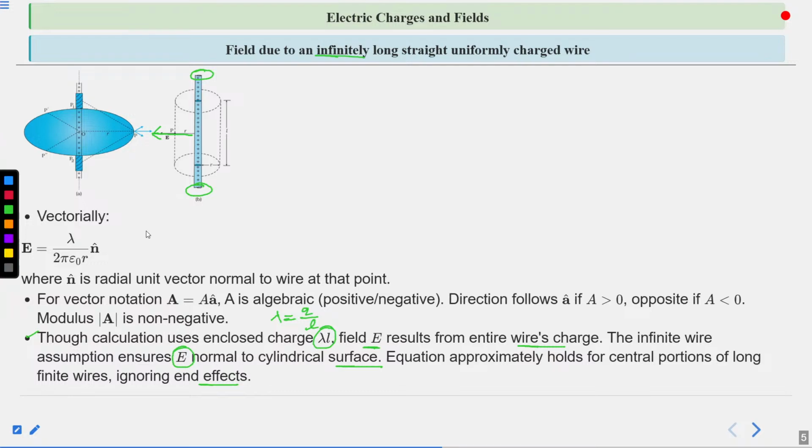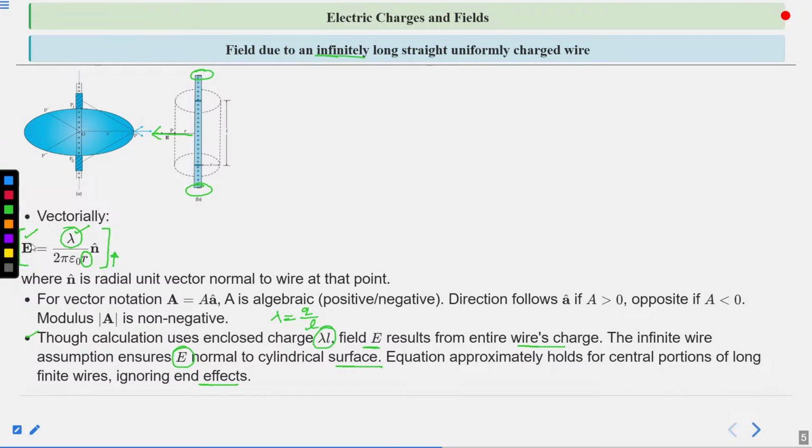Now, here is one question for you. Suppose the value of lambda is fixed, constant, and only the value of r increases.